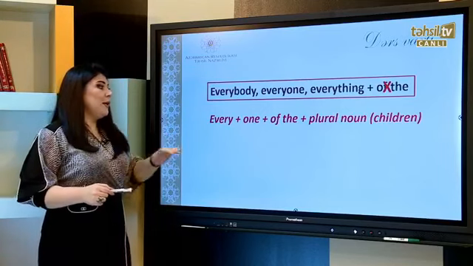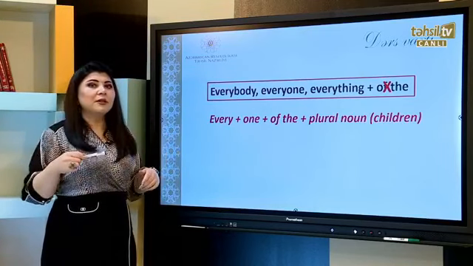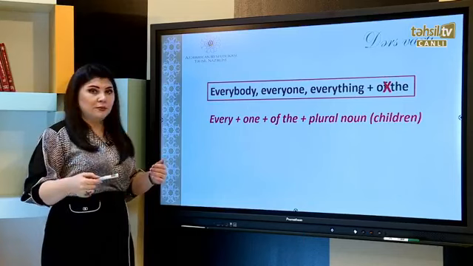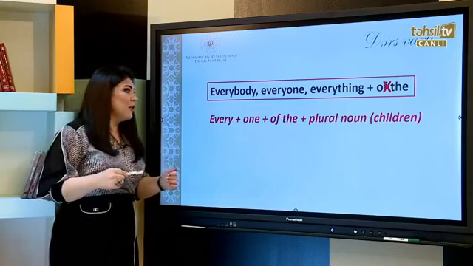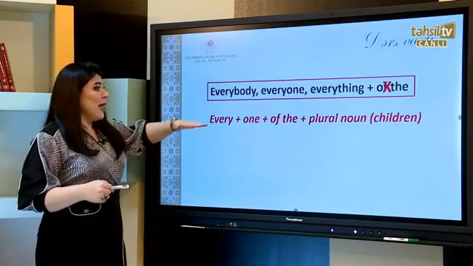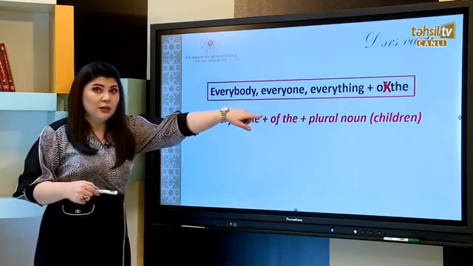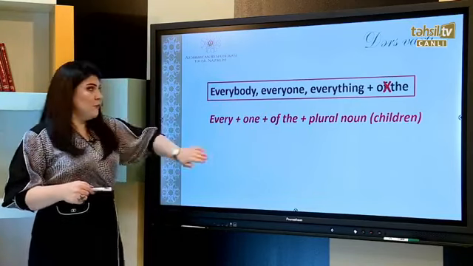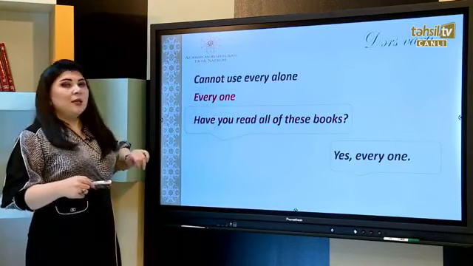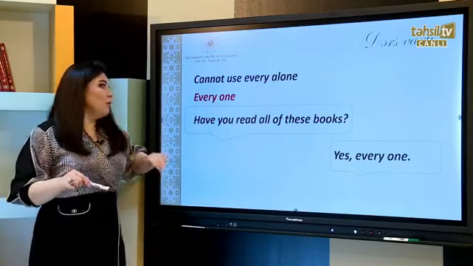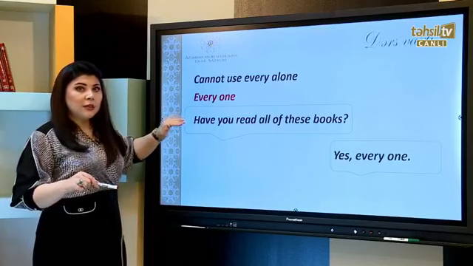Okay? And let's remember the agreement, subject and predicate agreement, pronoun agreement. We'll say everyone, after everyone, we use a plural noun and singular verb.